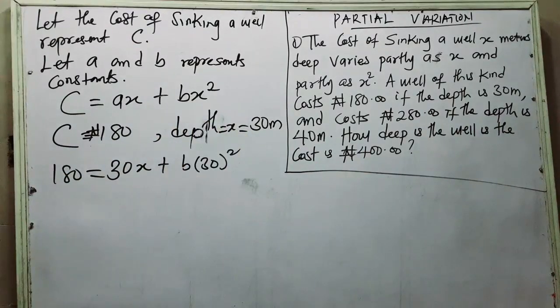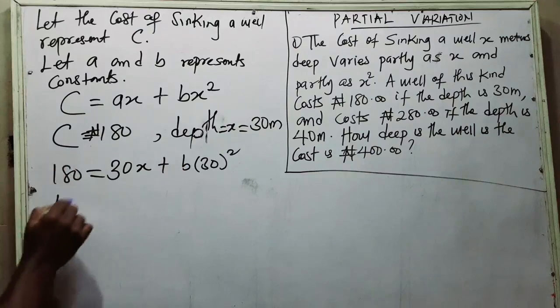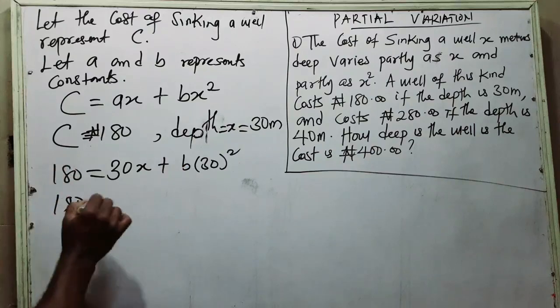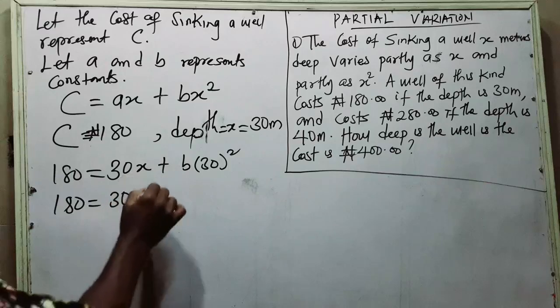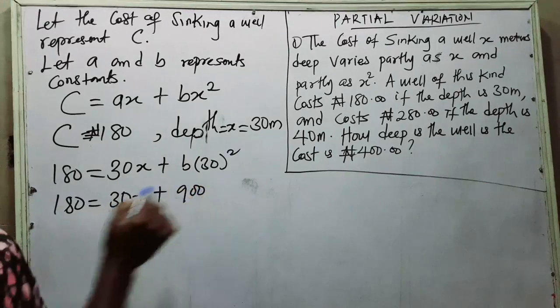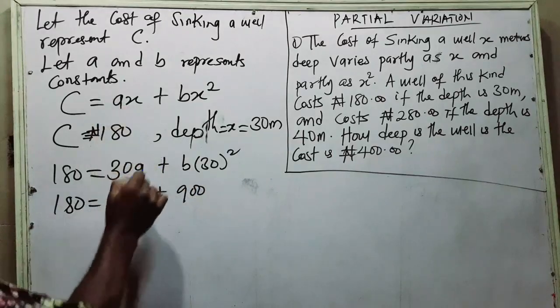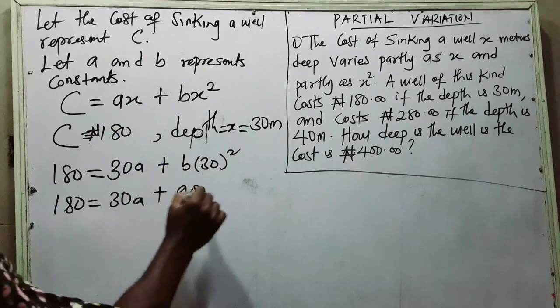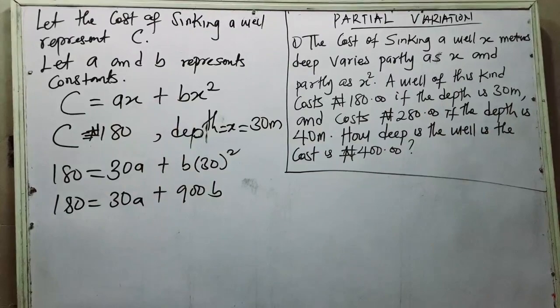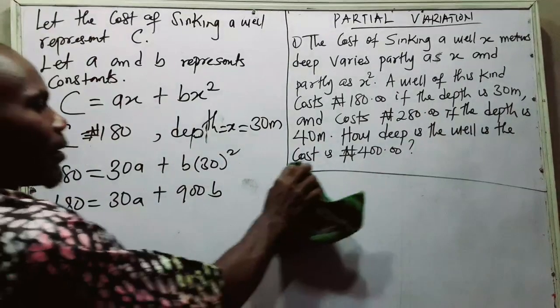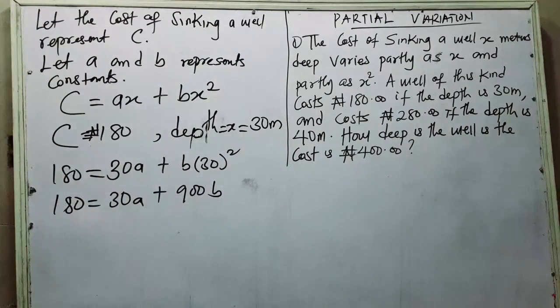So in that condition we have 30a plus 900b. But we can reduce the equation by 30.